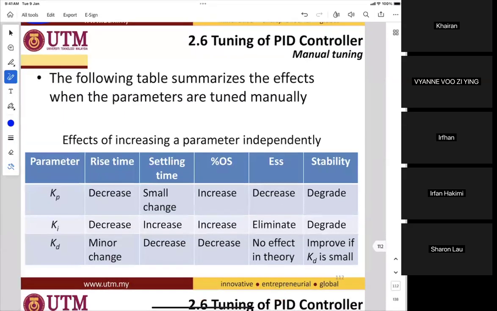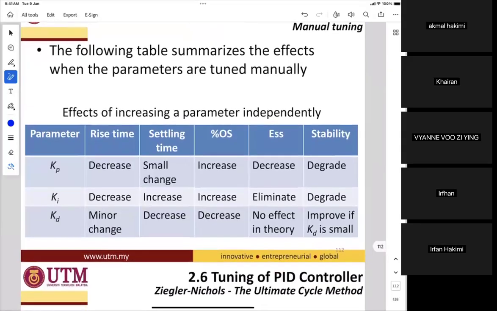So the effect of increasing each parameter independently: we have Kp, Ki, and Kd. When we adjust Kp, the rise time will decrease, small change in settling time, increase the overshoot, decrease the steady state error, and degrade the stability.